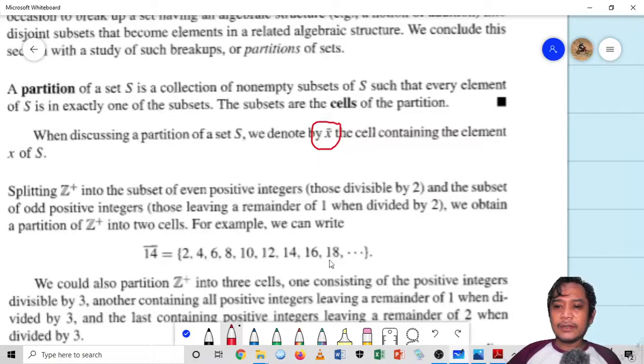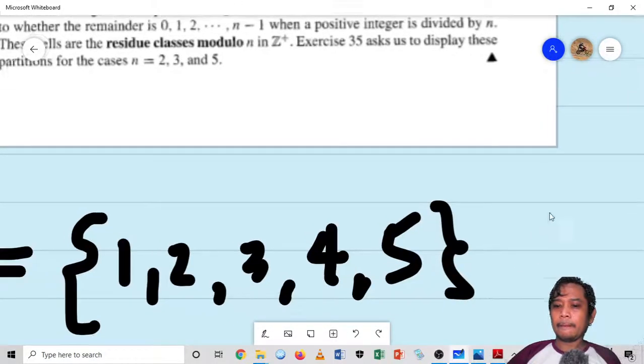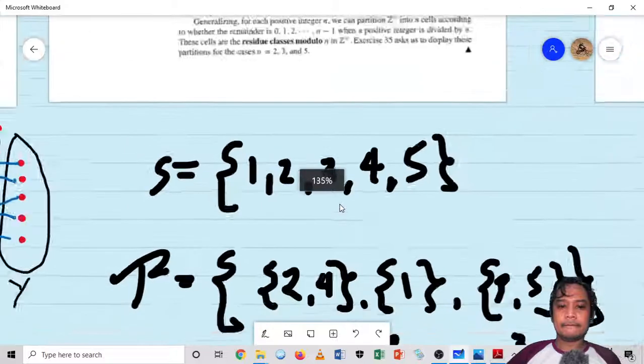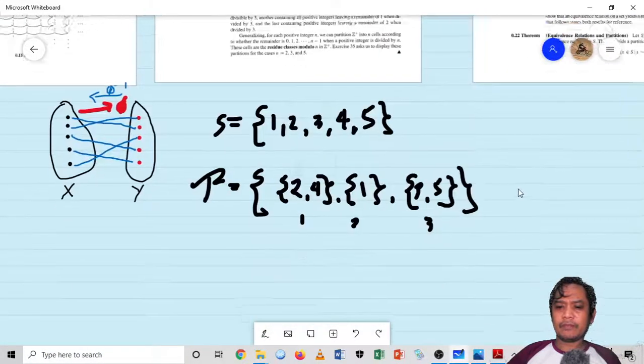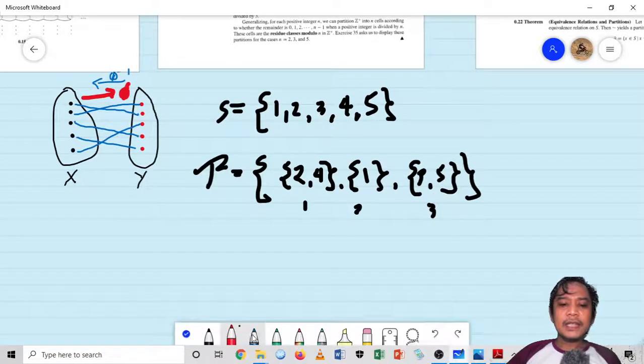So, in our earlier example, this is the cell containing 3 and 5, meaning that can be denoted as 3 bar or 5 bar.